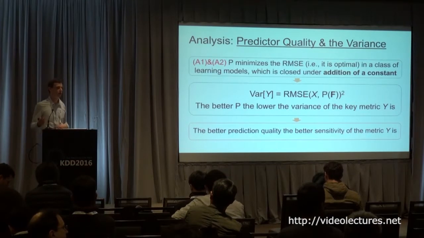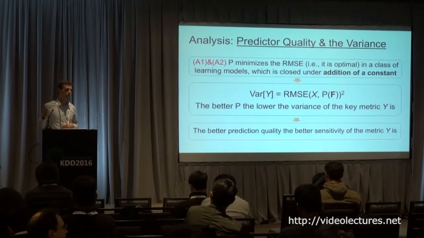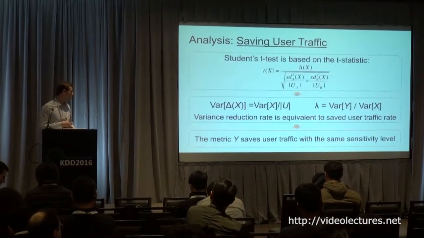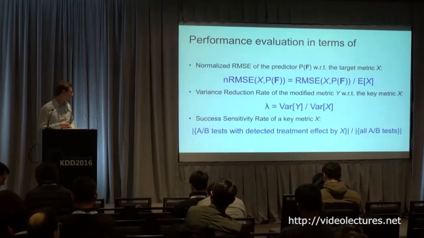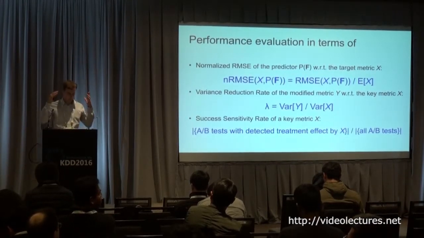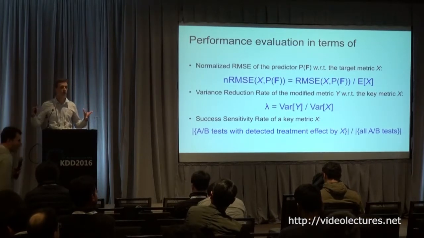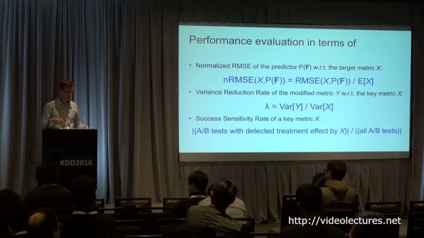And the second is about how we evaluate it, right? The success and the sensitivity. So we evaluate sensitivity in terms of the success sensitivity rate. We just take a set of A/B experiments; in our study, we considered 161 experiments.